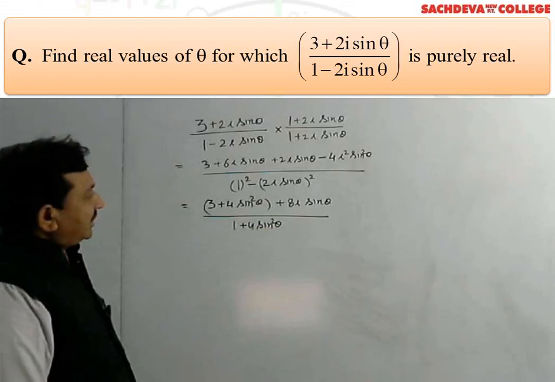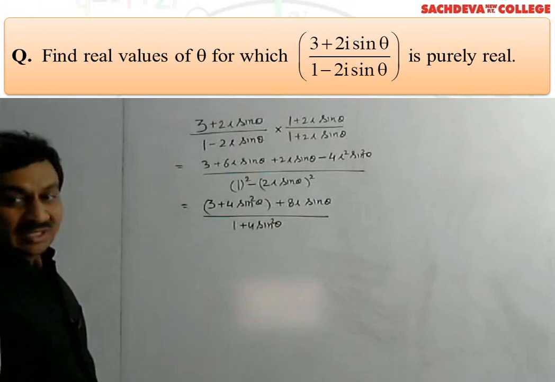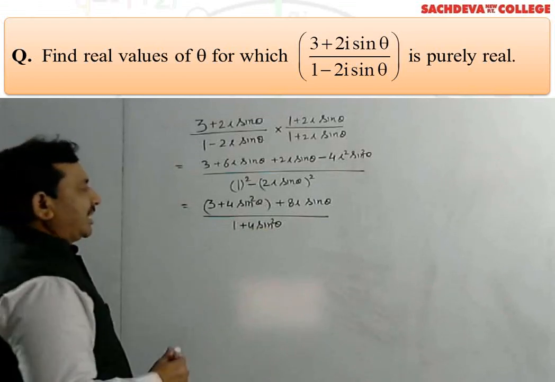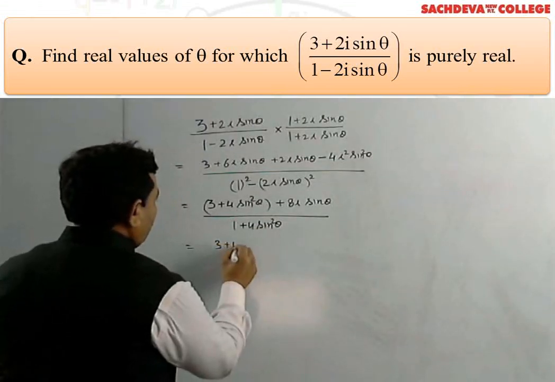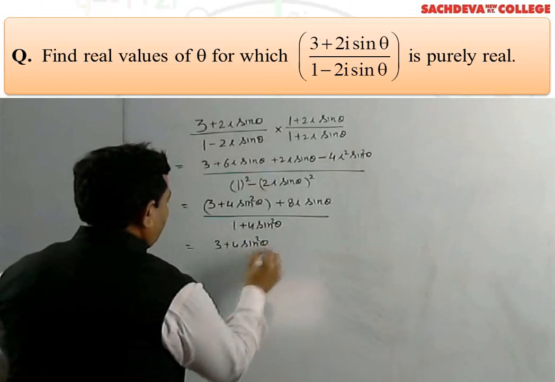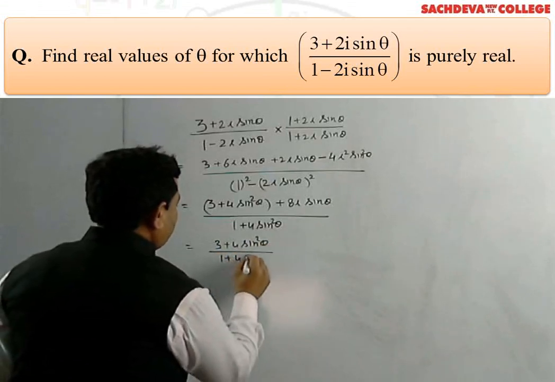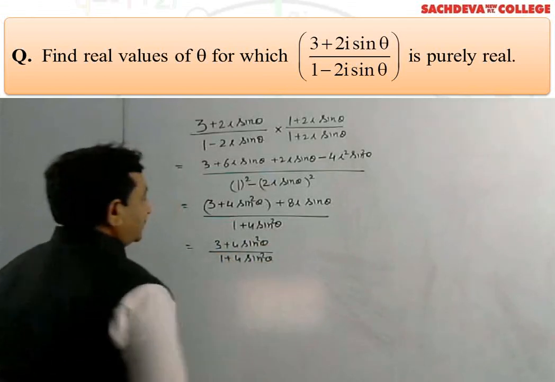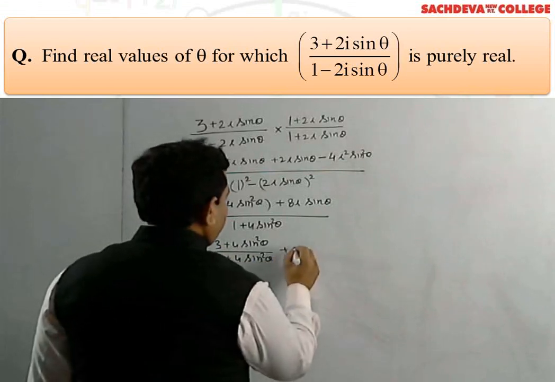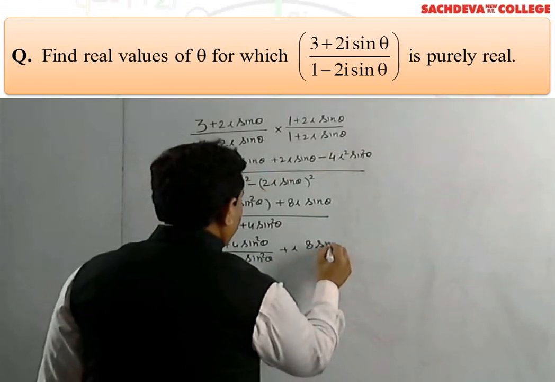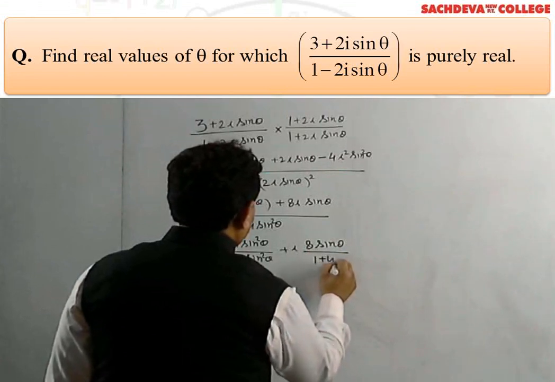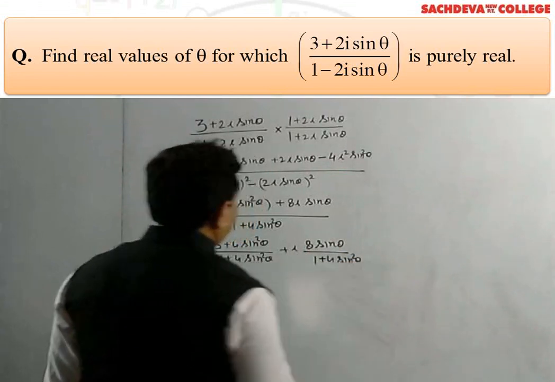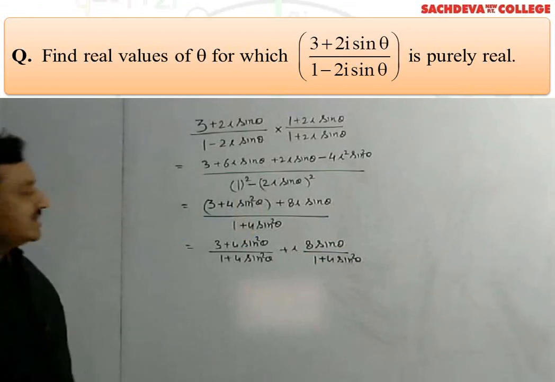Because the given number is purely real, its imaginary part will be 0. So (3 + 4 sin^2 theta)/(1 + 4 sin^2 theta) is its real part, and i times 8 sin theta upon (1 + 4 sin^2 theta) is its imaginary part.